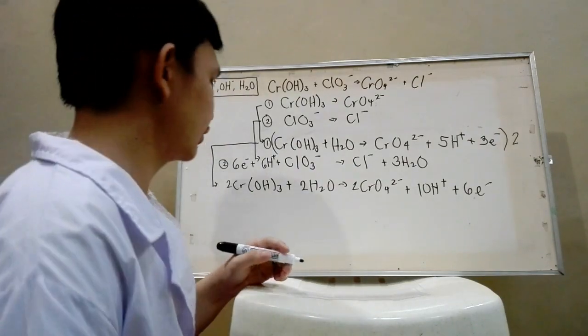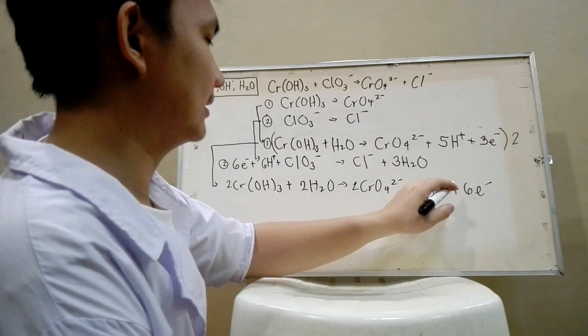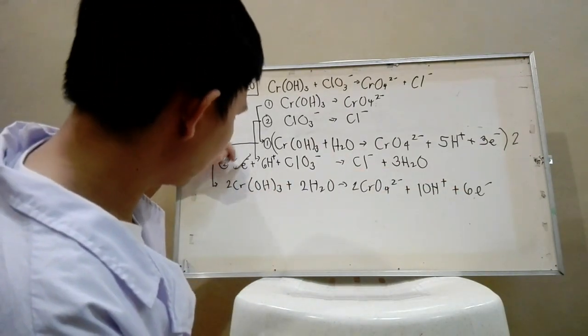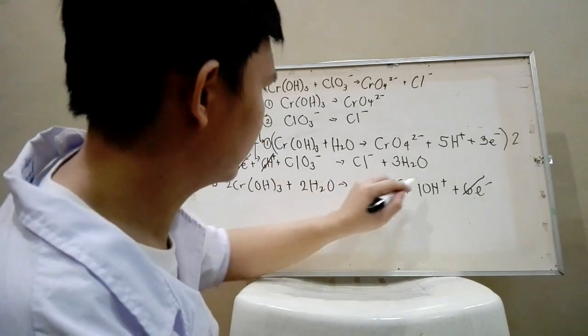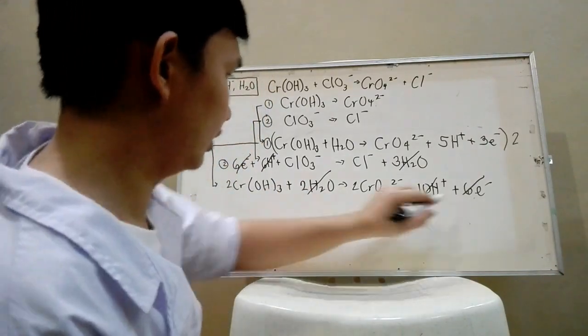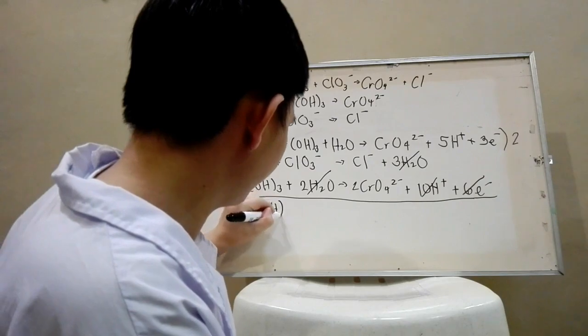Okay. So after the electrons are balanced, you can now cancel. You can cancel the electrons here, and then you can cancel 6 hydrogen here and there, cancel the H2O there, and then you will have a result of this equation.